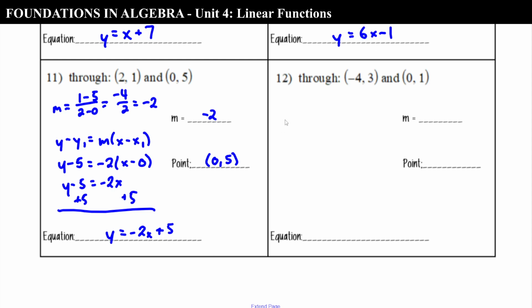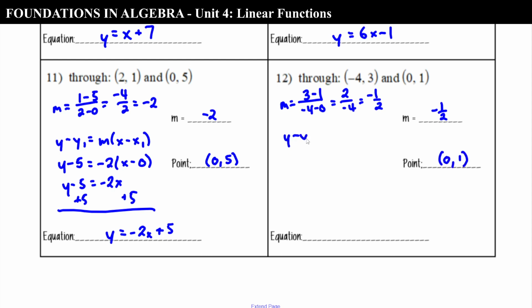And then finally, for the last problem, the difference in our y's, so 3 minus 1, over the difference in our x's, negative 4 minus 0. That's going to give us 2 over negative 4, which is negative 1/2. So our slope here is negative 1/2. And we're going to use the point 0, 1.